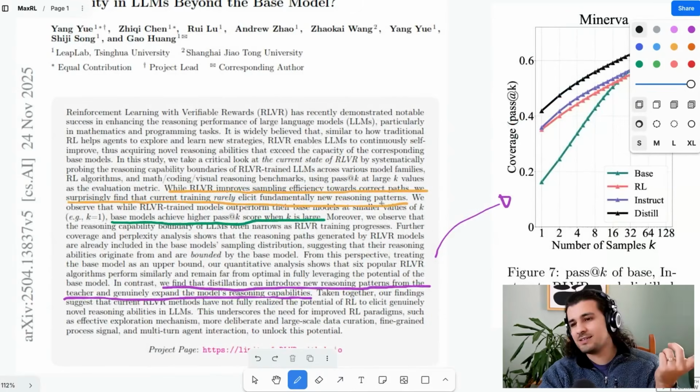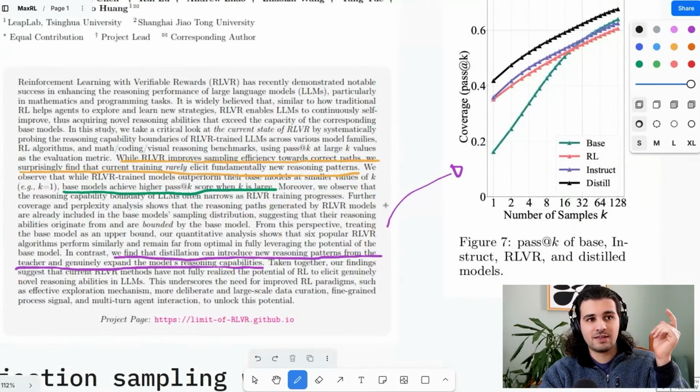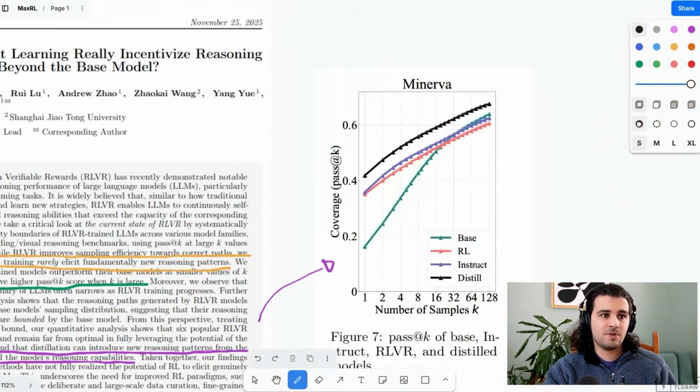And what they're saying is that the base model achieves a higher pass at K score when K is large. And one thing that they did in the experiment is that instead of doing RL, they just distilled the model into a small one. And they said that we found that distillation can introduce new reasoning patterns from the teacher and genuinely expand the model's reasoning capability. So if you look at the pass at K here for the number of K samples, the base model is in green.